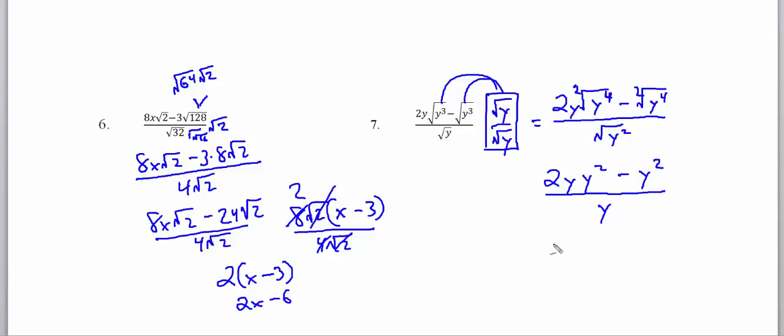If I combine the numerator, I've got 2y cubed minus y squared, all divided by y. And I can rewrite that as 2y cubed divided by y minus y squared divided by y. So I'm going to get an answer of 2y squared minus y. And that's going to be my answer. And that's, again, one of 2 ways to do problem number 7.